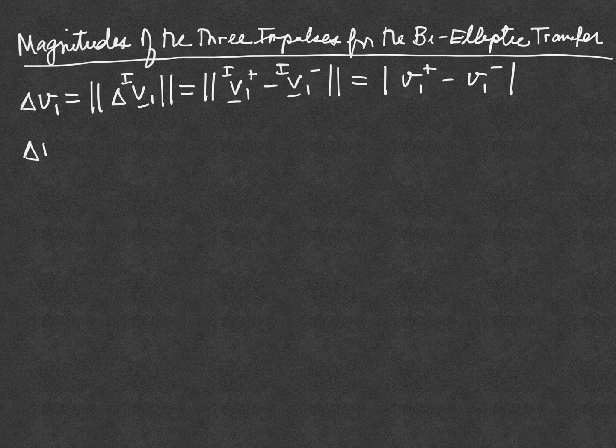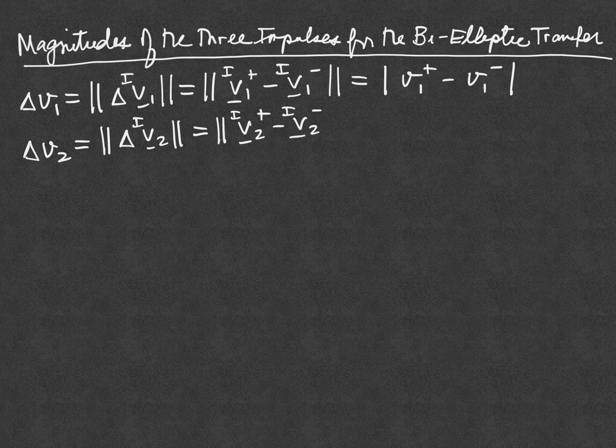The second impulse, delta V2 in magnitude, which is the magnitude of delta V2I, is equal to the magnitude of V2 plus I minus V2 minus I, and that's equal to the absolute value of V2 plus minus V2 minus.